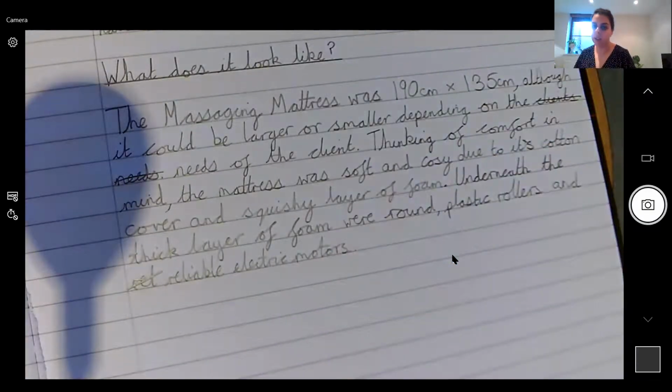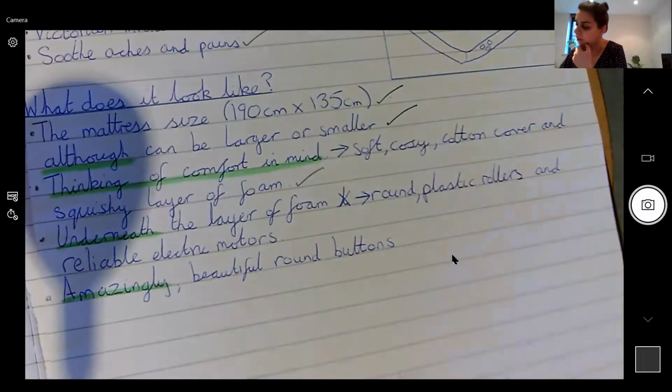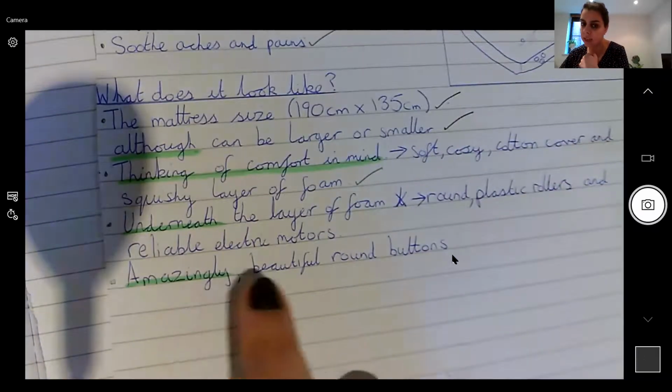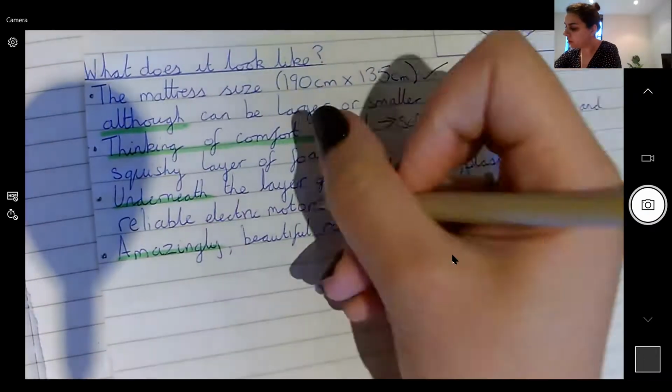Perfect. And then my last sentence in my plan for this paragraph, it says amazingly beautiful round buttons. So I've done that one.